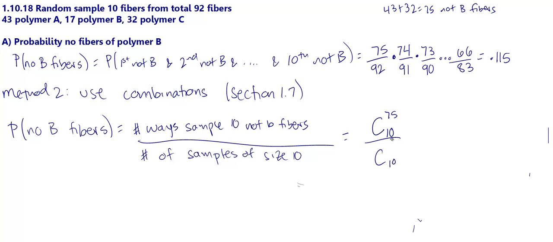Again, we want to choose 10, but if we're talking about all possible samples, there are 92 fibers to choose from. You can put this in your calculator, using the notation 75 choose 10 over 92 choose 10, and this will give you 0.115.